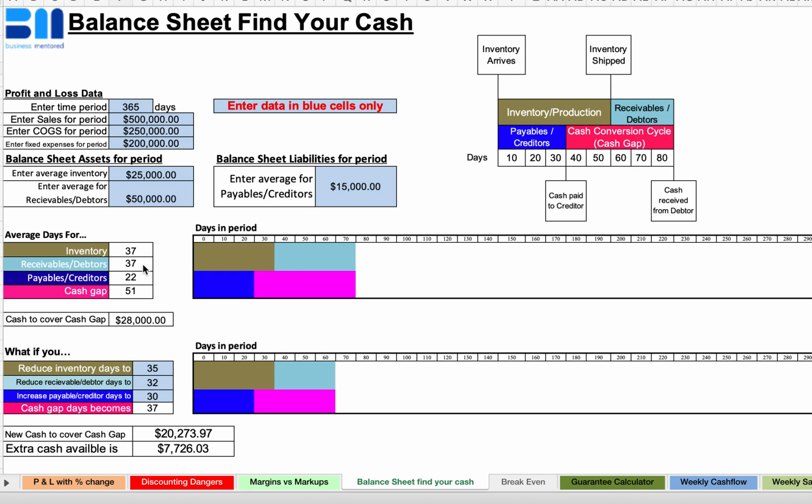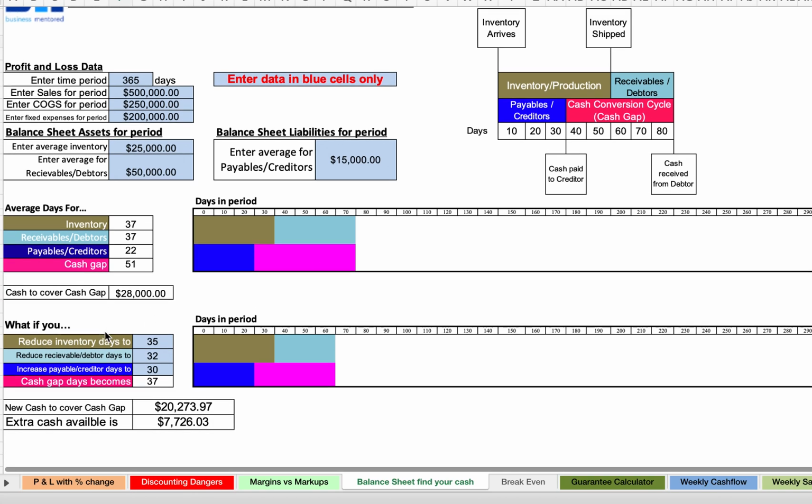Don't worry too much about how it's doing the calculations, just know that it's happening in the background. And then on average, we're paying our bills every 22 days. That means we've got a cash gap of 51 days. Well, we've paid out money, but we haven't got money back in for what we've sold. In this instance, the cash that we need to keep the business running is $28,000.